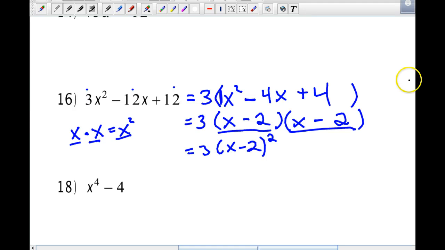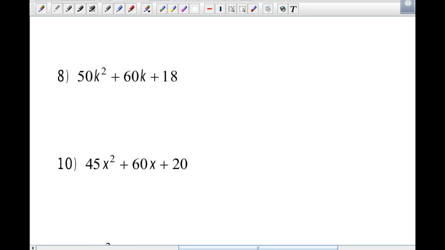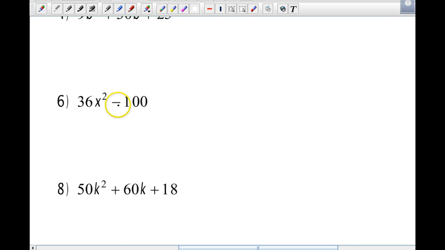So first of all, we have to be able to identify perfect squares. We have to be able to see 36 and 100 and think, that's a perfect square. That's 6 squared, that's 10 squared. And you have to identify that it's a difference, it's subtraction. Right here, like number 8, you have to always start with, is there a GCF?